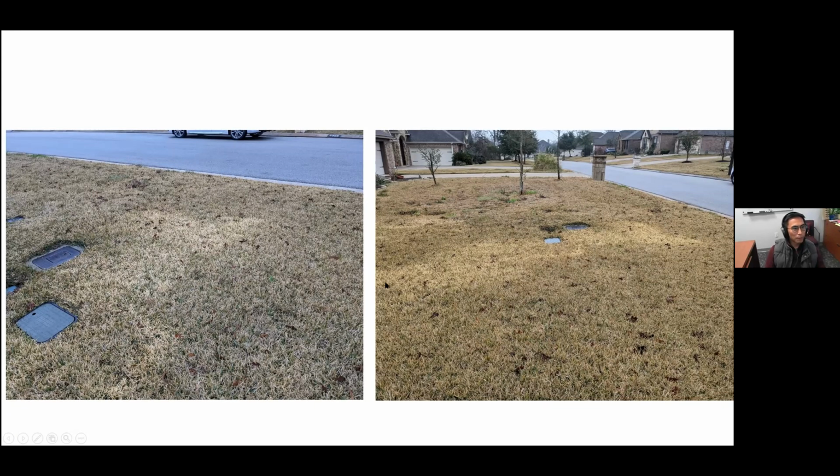Okay, so the area has been infected by large patch. It's a fungal disease that is more prevalent in areas with higher moisture. It's kind of vague, but it's more yellow in color.